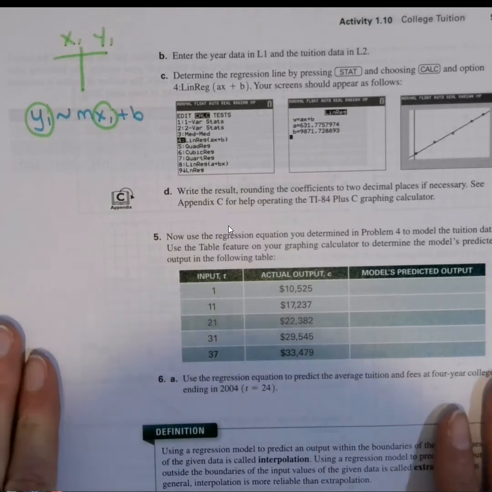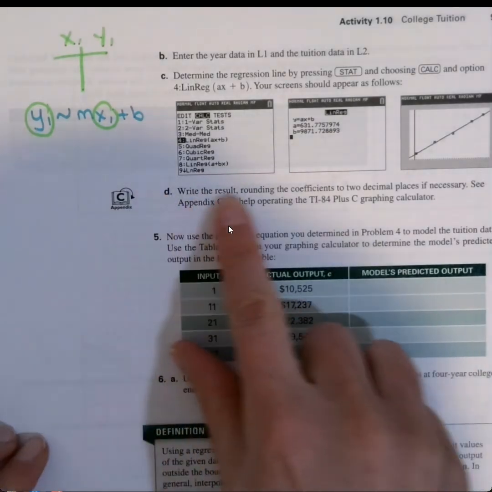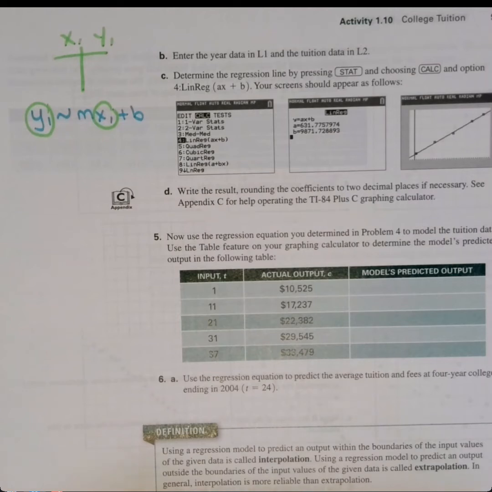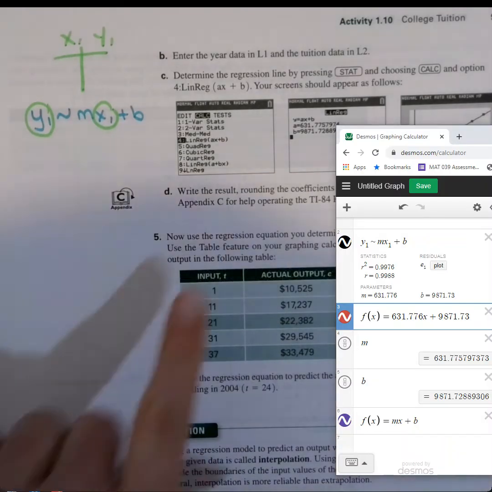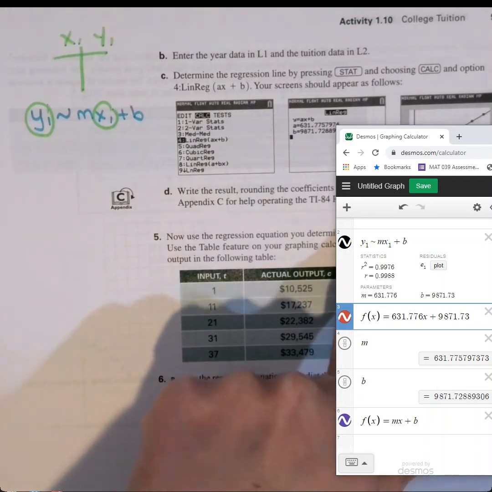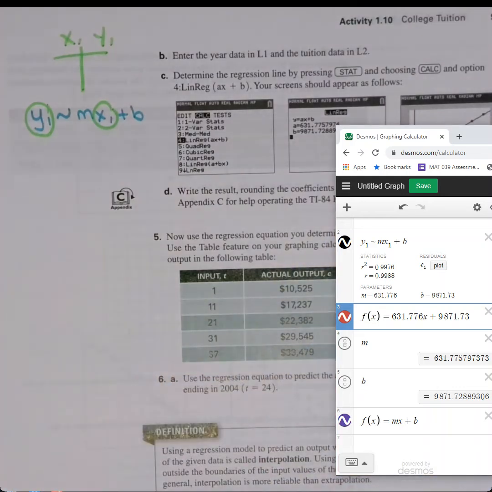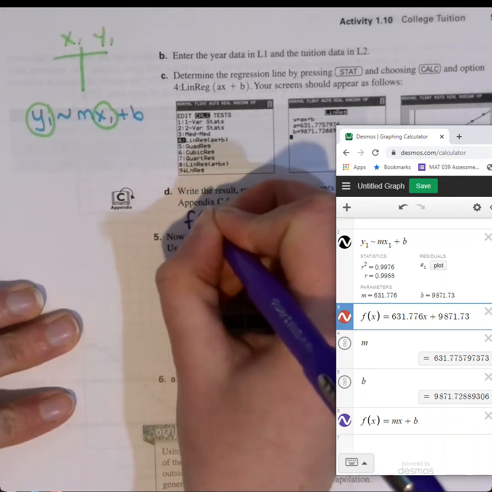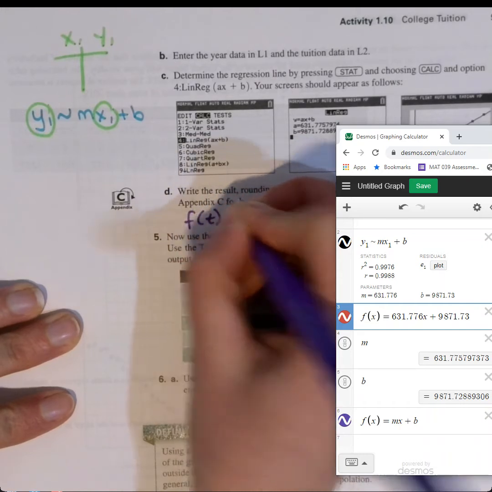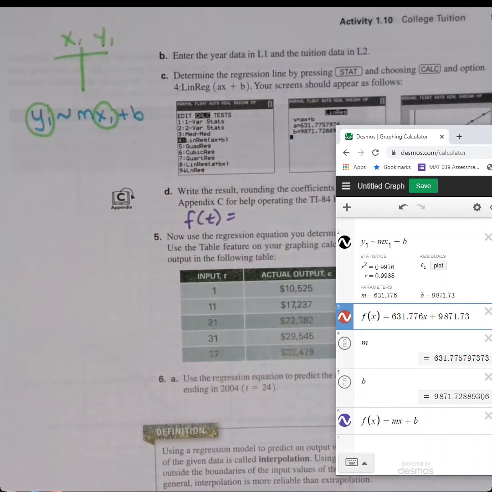Now, we're going to do some more work with this. So we're going to write the result. Oh, I got to look at my decimals equation right here to write the result. And 2 places it says, so we can round ours. We had 3. We're going to write it down now with 2. So the equation is going to be, I'm going to call it f of t here because the inputs were years, and it does say let t be the number of years since 1980.